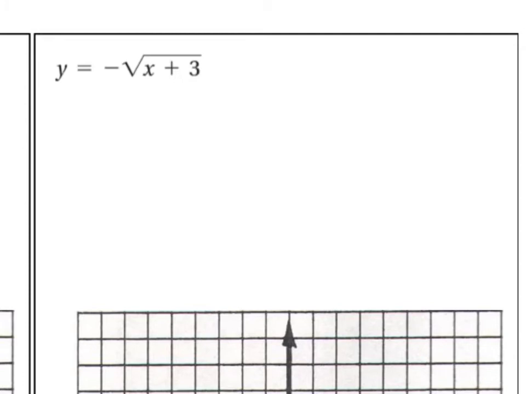Now, because a is -1, I'm going to do this a little bit differently. Identify the shift first. Okay, so if I identify the shift, this shift says we're going to shift left 3 units. But you'll notice this guy right here says we're also going to reflect.